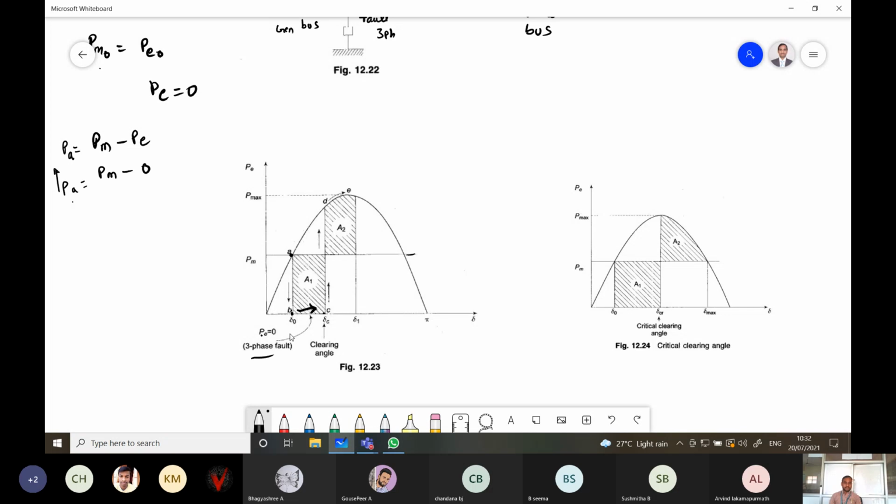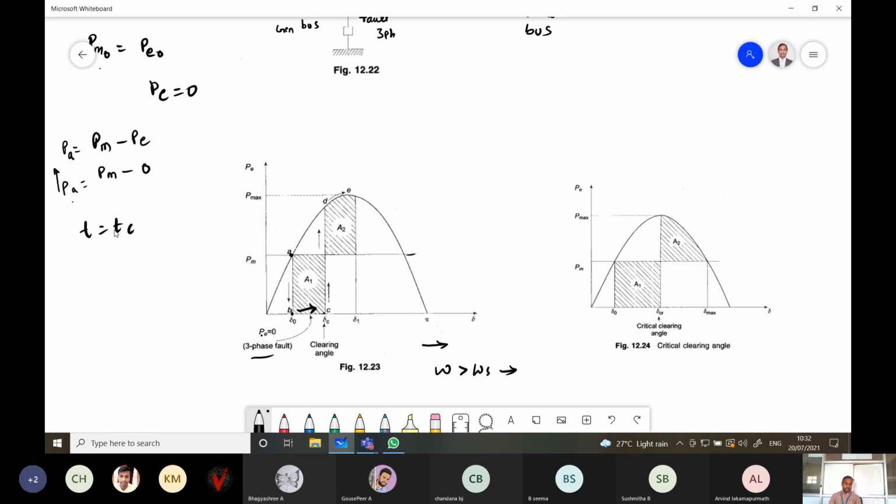So now PE is 0 and only the mechanical power is there. The point shifts from point B to C because of the accelerating area. It will increase in this direction because omega is greater than omega s. Okay, so at the time T is equal to Tc.